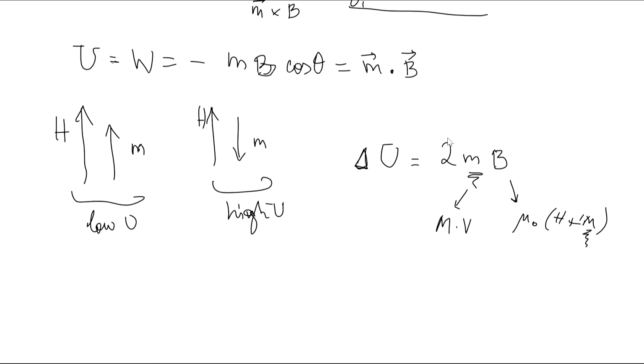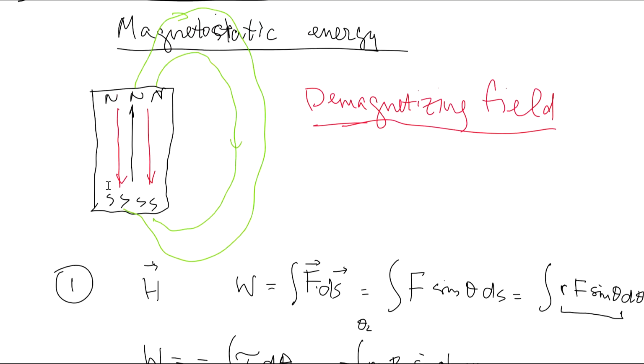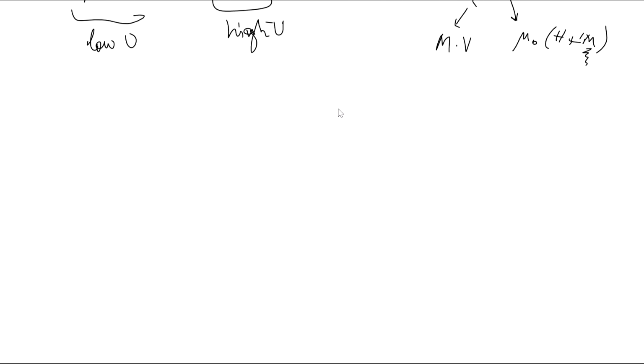Okay, so what happens is that if you have a single domain, it would be unfavorable for the magnetization to be aligned along this demagnetizing field because it's a high energy state. So basically, the single domain state is a very high energy state.